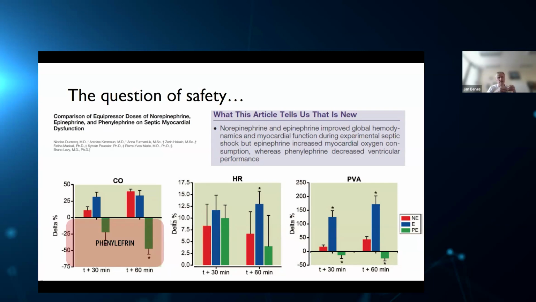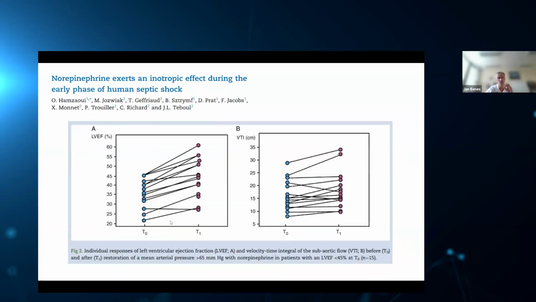And this is increasing afterload for the heart, and hence it's decreasing the cardiac output. So you actually decrease the capacity of the myocardium for the flow. So this is possibly the reason why phenylephrine is not a drug of choice.